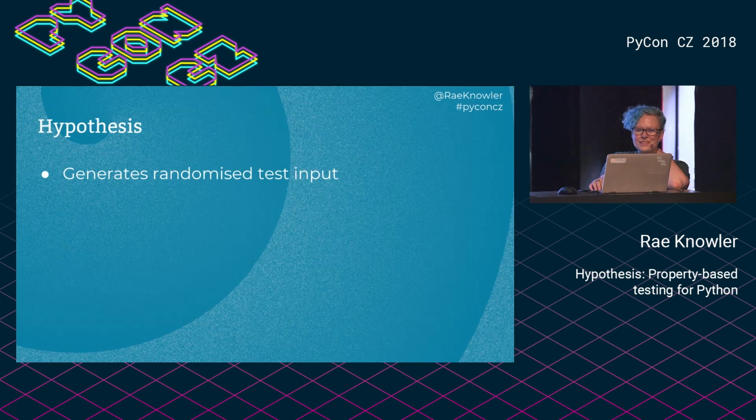So, yeah, to go through, again, what makes Hypothesis special. As I said, it generates randomized test inputs, and this is called fuzzing. That's why the joke about the cat. And what this means is that when you write your tests, you no longer have to make and maintain a whole directory of fixtures for your tests.